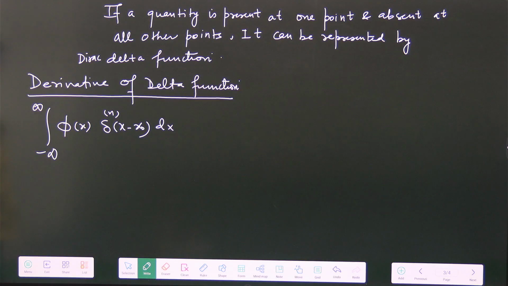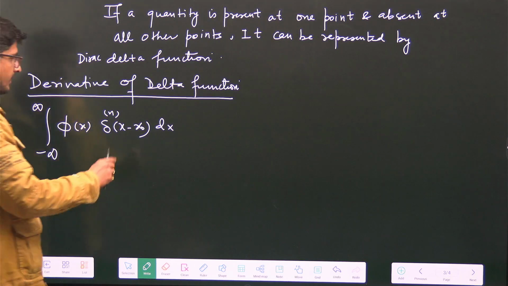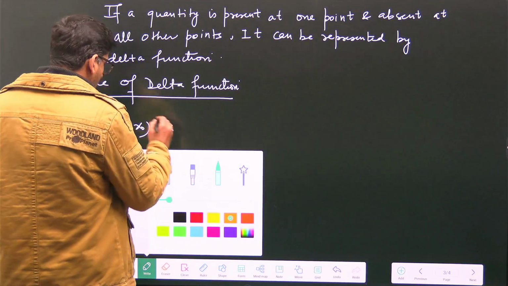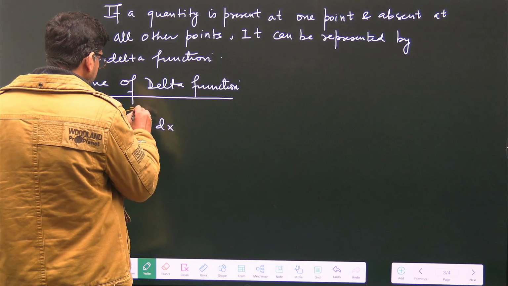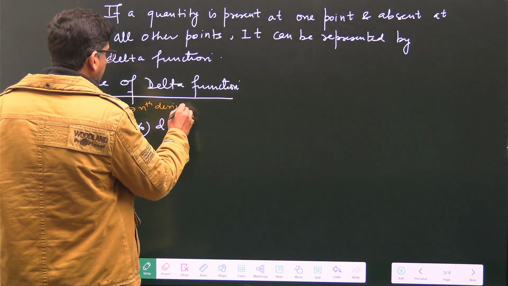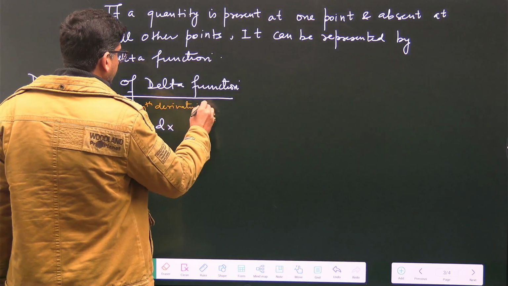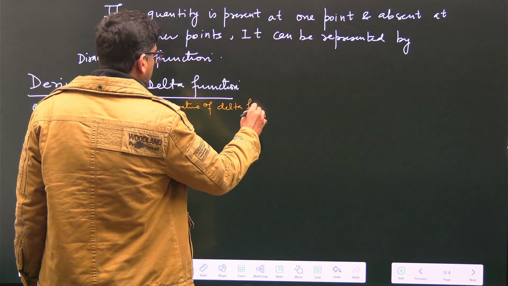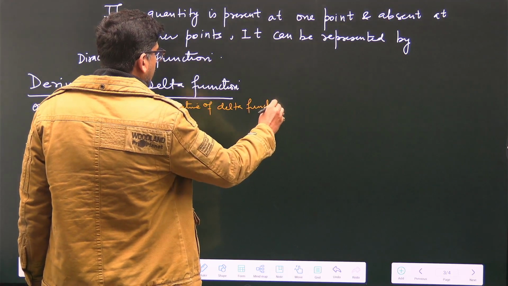What is this n means? Dimension. Nth derivative of delta function.